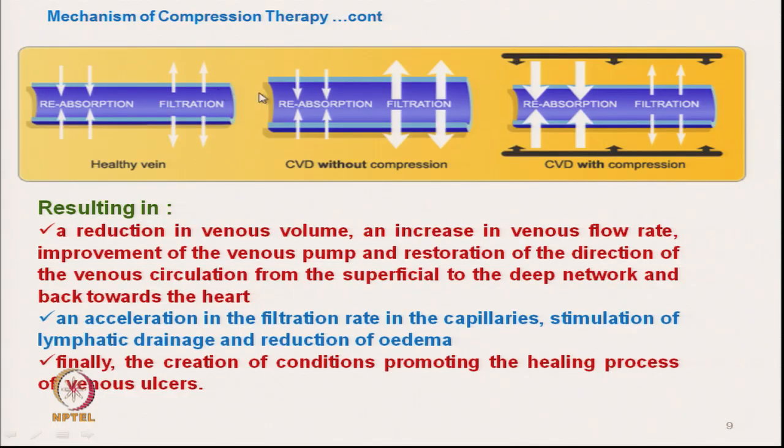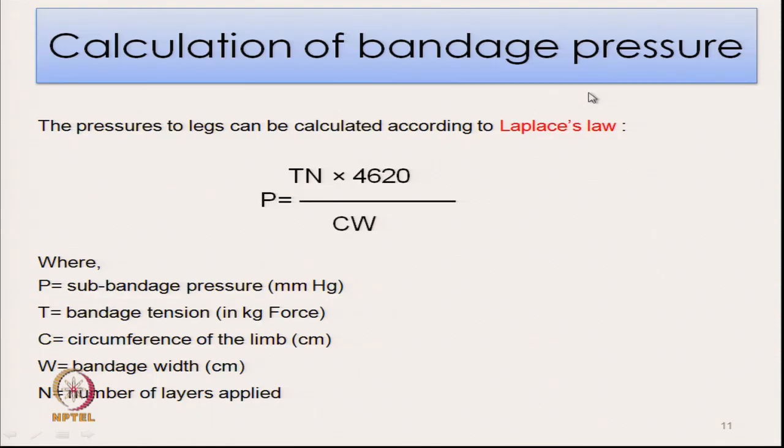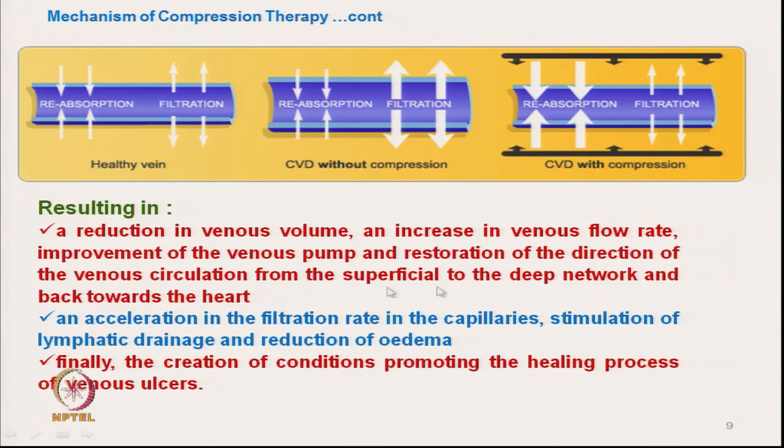So, this reduction in diameter results in reduction in venous volume and increase in venous flow rate. So, as we increase the pressure, venous flow rate will increase, with improvement of venous pump and restoration of direction of venous circulation. So, venous circulation will improve, okay, from the superficial to the deep network and back to the heart.